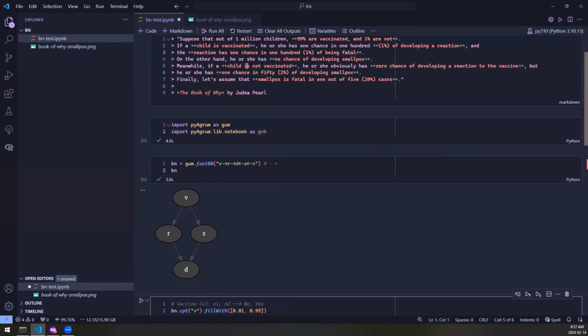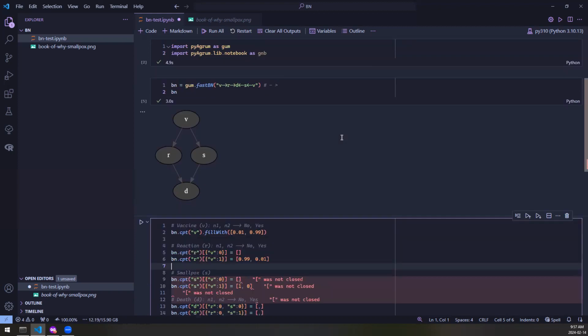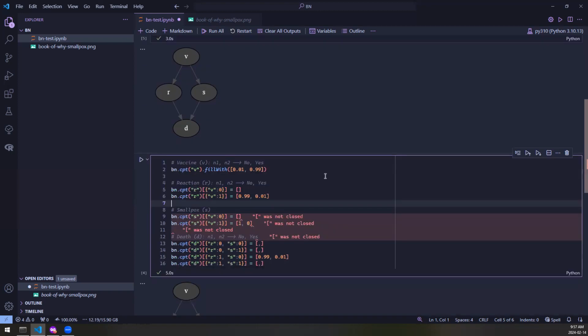Meanwhile, if a child is not vaccinated, he or she obviously has zero chance of developing a reaction. So that means developing a reaction is going to be a 0% chance if the child is not vaccinated.